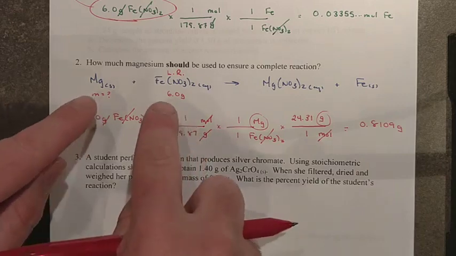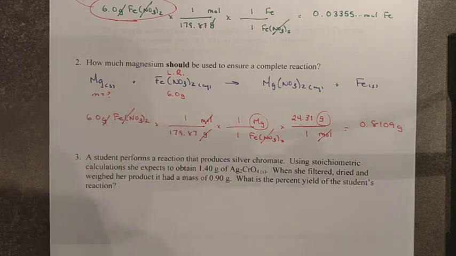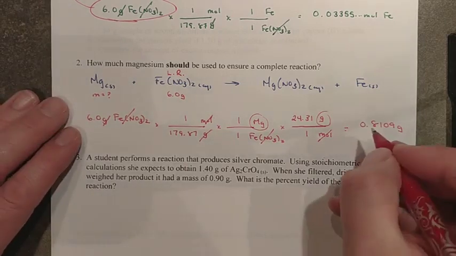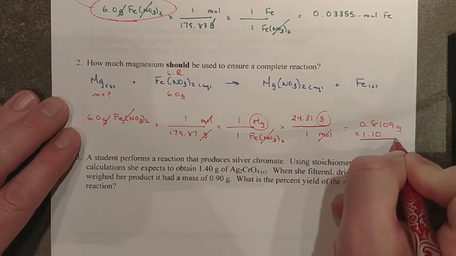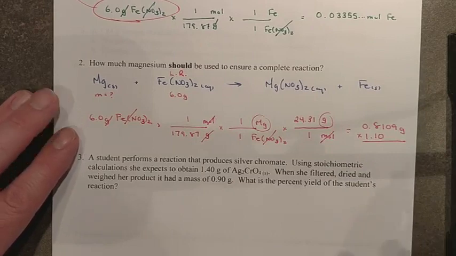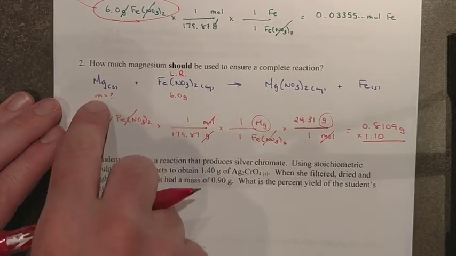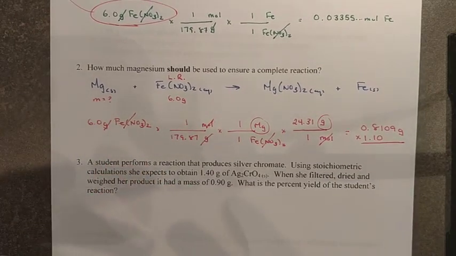This is the 1-to-1 molar ratio that we would use, but unfortunately this would be very, very slow. Remember from the previous lesson we talked about an excess reagent rule of adding at least 10%, and so I'm going to multiply this value by 1.10 or add 10% because I want my excess reagent to still be in excess, just not wastefully so.